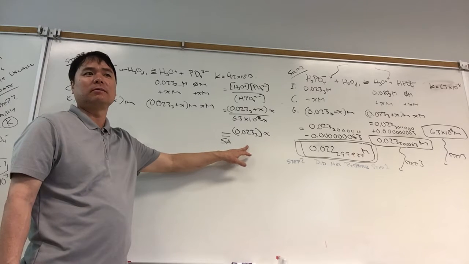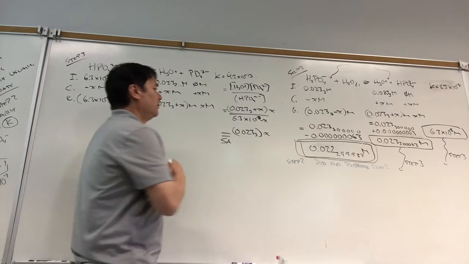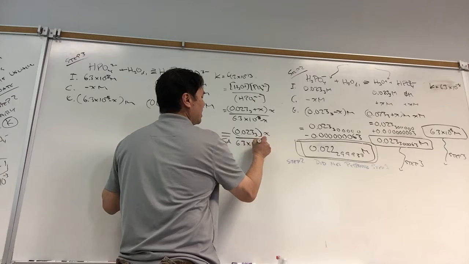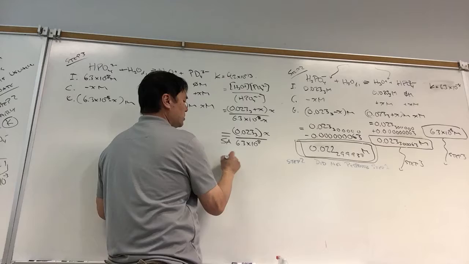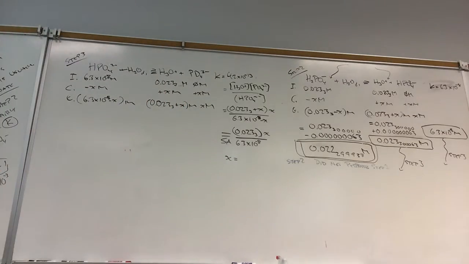But we'll do it to both. Let's try it to both and see if it works. So 6.3 times 10 to the minus 8 minus x, we'll just call it 6.3 times 10 to the minus 8, which means x is going to equal, because if we do it to both, that's less algebra that we have to deal with and save ourselves some time. The calculation is very quick, and so we don't waste a lot of time if it fails.